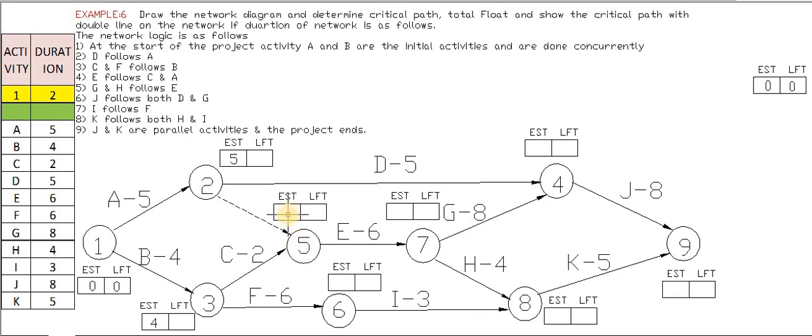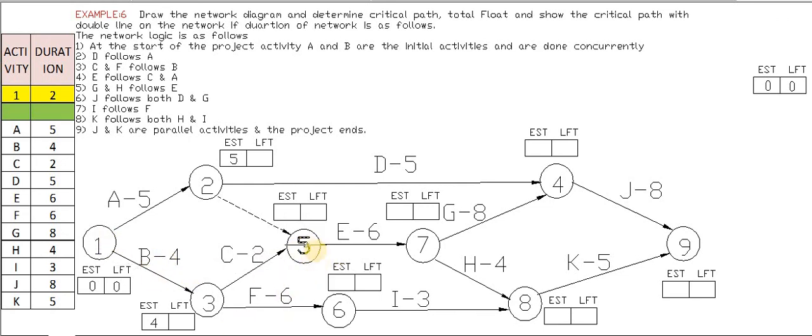Here for EST at node 5, two arrows are meeting. This is a dummy activity, so no duration is given for it. There are two paths meeting at serial number 5: 1, 2, 5 and 1, 3, 5.